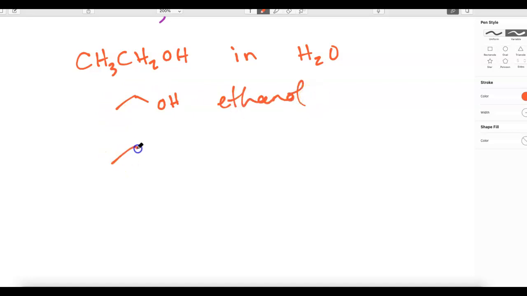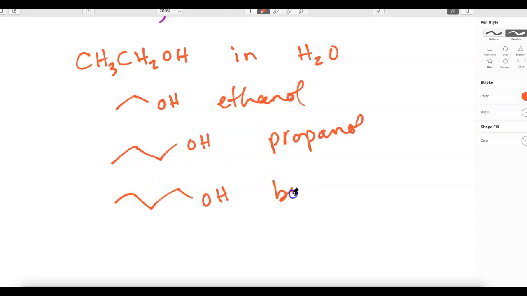As my chain length gets bigger, they become less and less soluble. So this is propanol. This is butanol. Ethanol is definitely not just soluble, but miscible. Propanol is still slightly soluble. Butanol less or so.